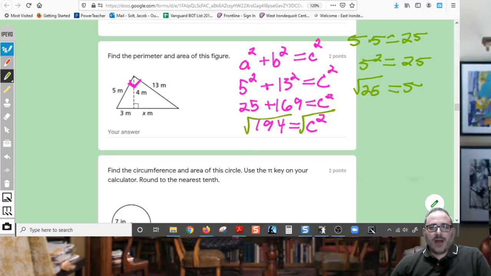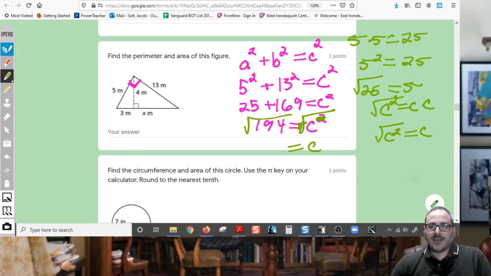So, I don't know what C is, but I know that I have C squared, which is the same thing as C times C, and I know that if I square root it, the square root of C squared is just going to be plain old C. So by putting a square root here, I can just say C, which gets rid of this.